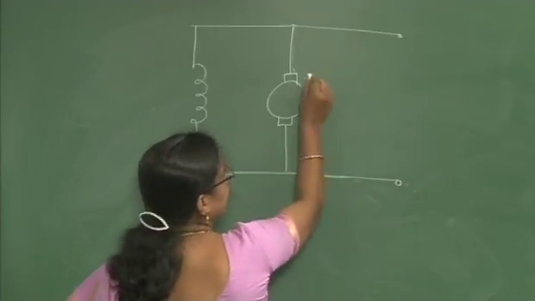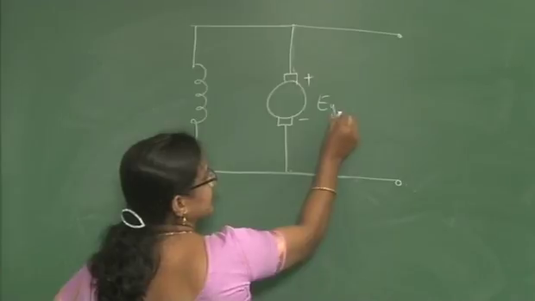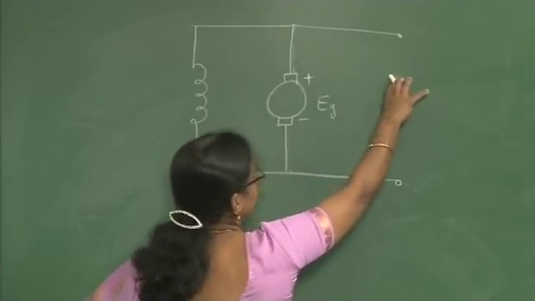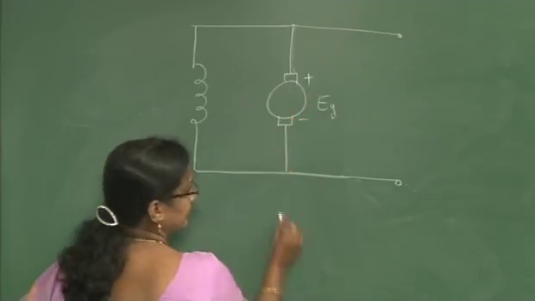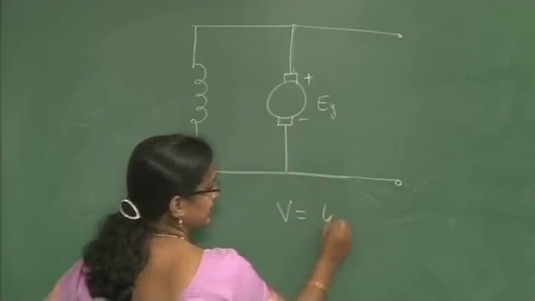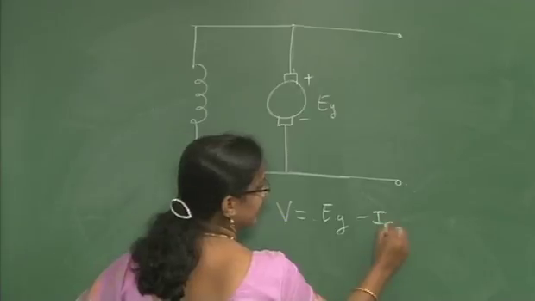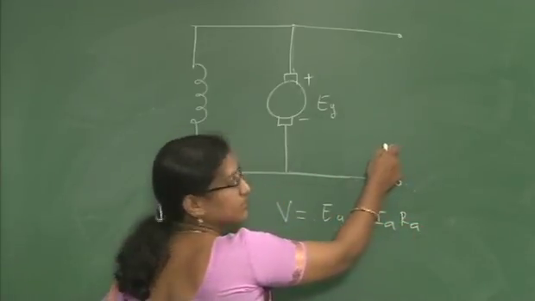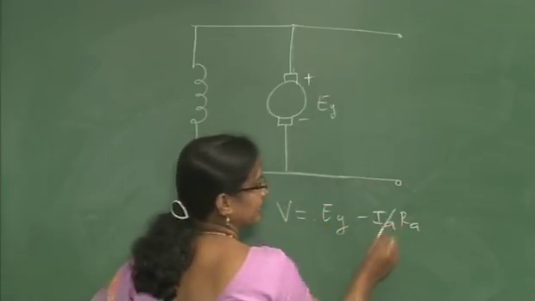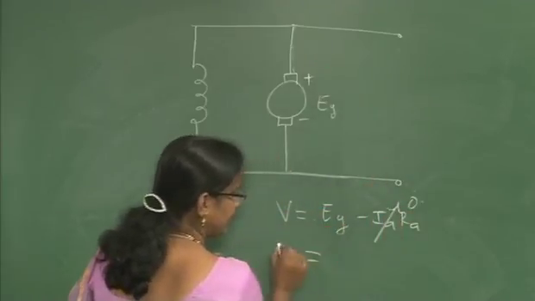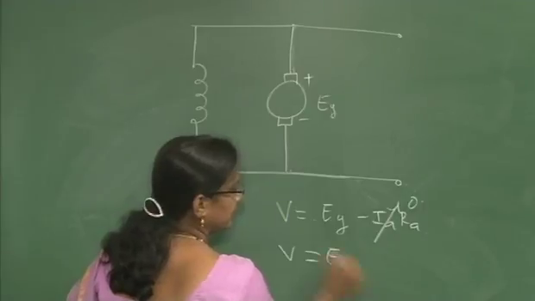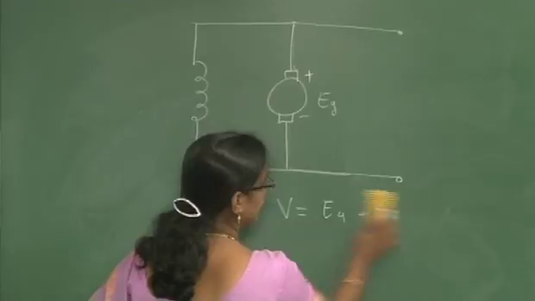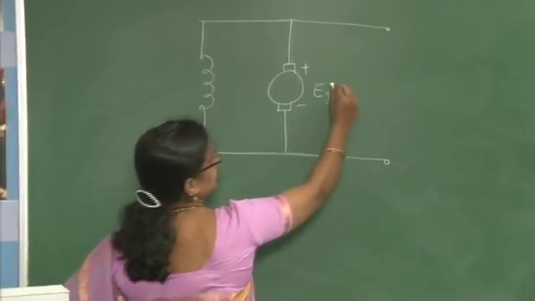That is nothing but Eg, because you have connected this in parallel, it will be Eg. And when you are considering this no load voltage, this is Eg minus Ia Ra. Since there is no load connected, the current flowing through this loop is 0. So this V is equal to Eg.